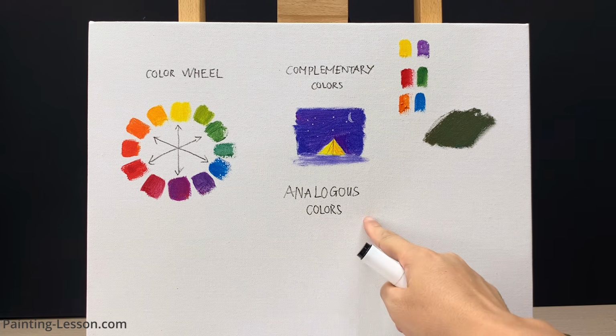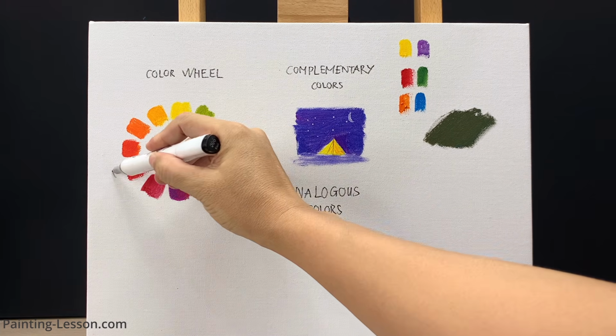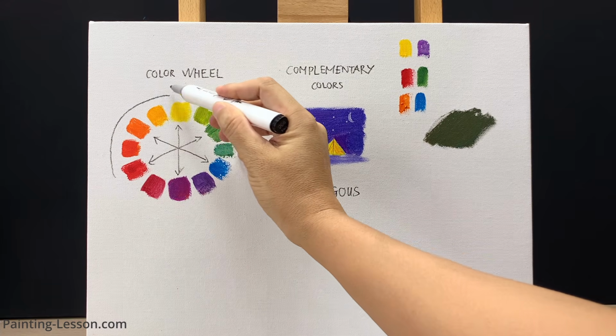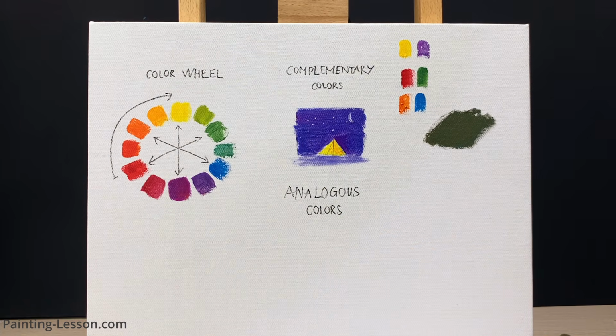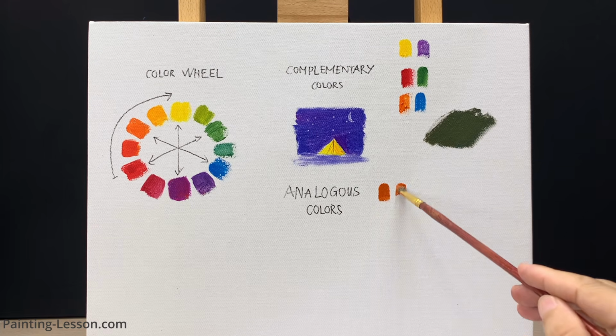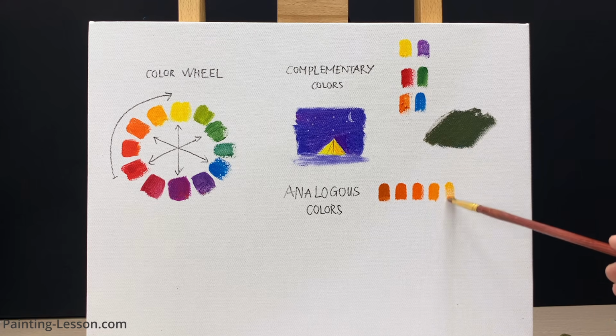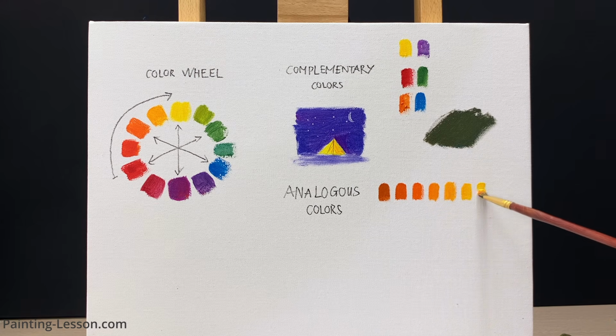Analogous colors are groups of colors that are located next to each other on the color wheel. These colors share similar undertones and often create a harmonious and soothing visual effect when used together in art and design. For example, a typical analogous color scheme might involve using two adjacent colors like orange and yellow or green and yellow. These colors blend well together and create a sense of unity in a composition.